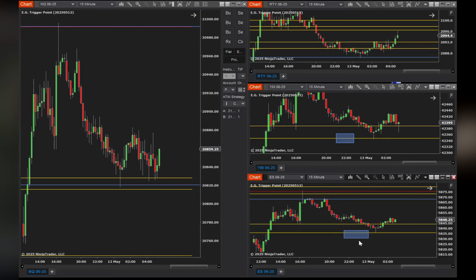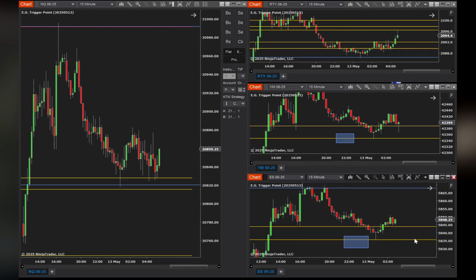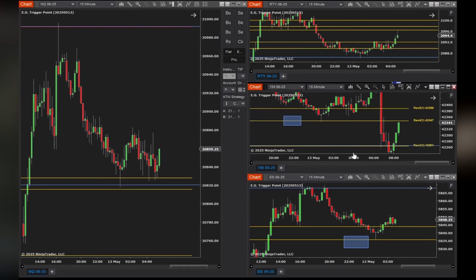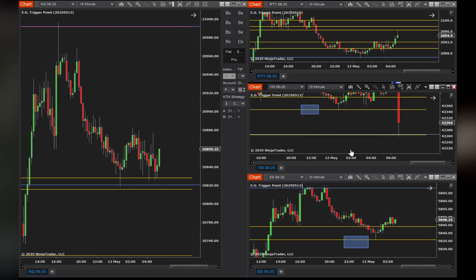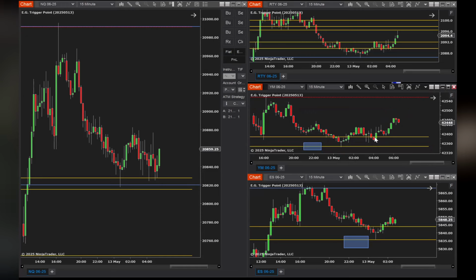This is equivalent to this line, providing me with a higher chance of a successful trade now, since it's a support level, the opportunity is going long. Okay, then there was news.